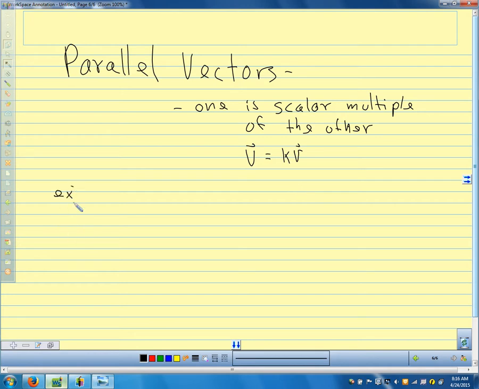So if your question says, are u, this vector <2, 6, 1>, and v in component form <10, 30, 5>, parallel?